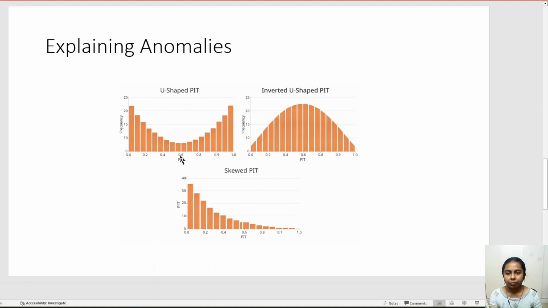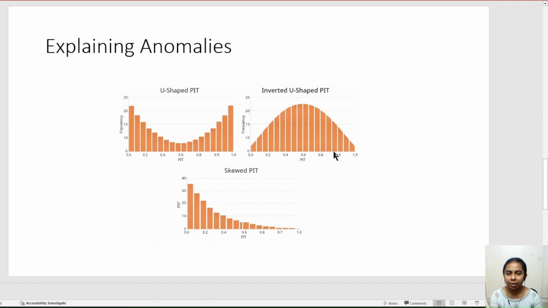So 40% of the time, the outcomes should be less than 40. However, the outcomes are less than 40 more than 40% of the time, because it's not uniform. In other words, say from 0 to 0.2, there are more outcomes when compared to 0.4 to 0.6. So essentially, at every quantile, the outcomes are not uniform when compared to the model.